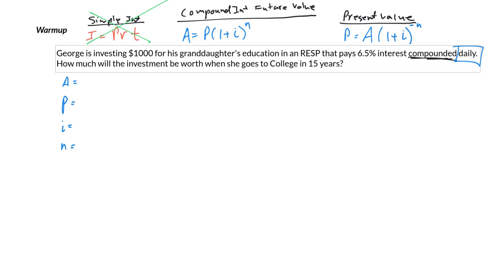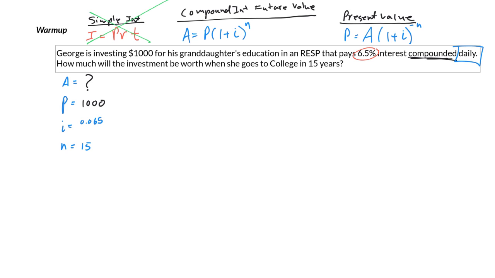In this case, we do not know what the amount of money we'll have in the future is going to be. We do know what our starting amount is, which is $1,000. Now, we do know what the interest rate is. We said the interest rate was 6.5%. So 6.5% is 0.065. And the number of years is 15 years.